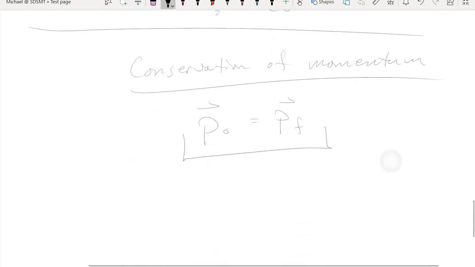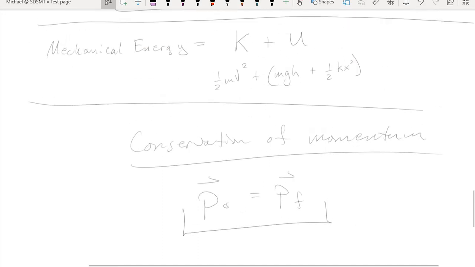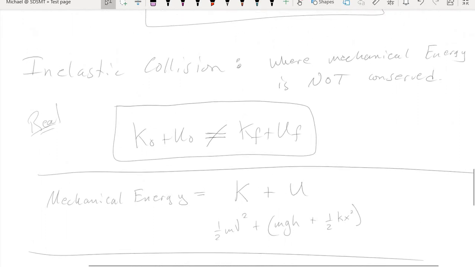Even though momentum is a vector, and even though we're going to have to do a little bit of additional work to keep track of everything in vector form, it's something that we can do with the math. Whereas for inelastic collisions, well, there's really not a whole lot that we can do there except to say, nope, the energy before doesn't equal the energy after.